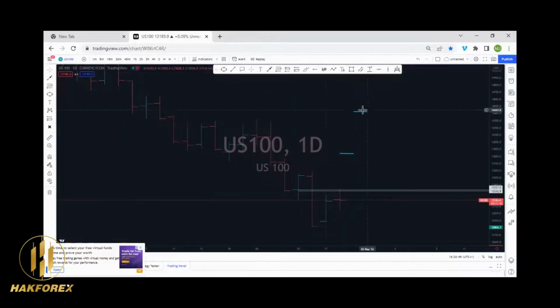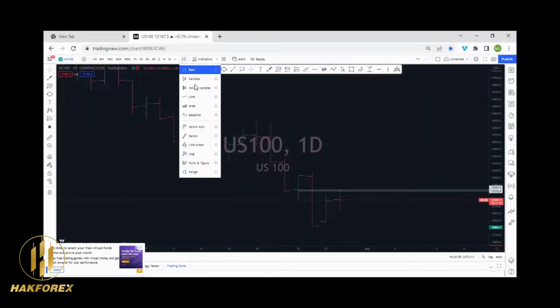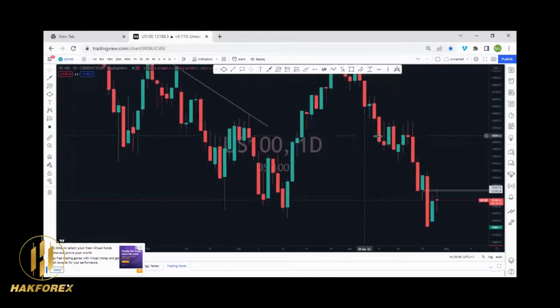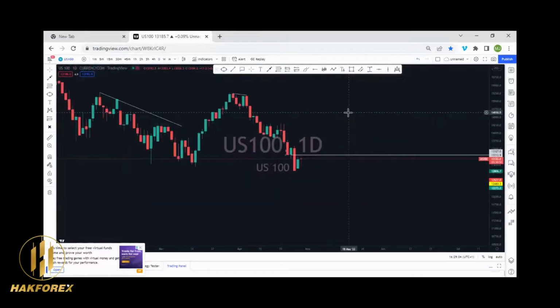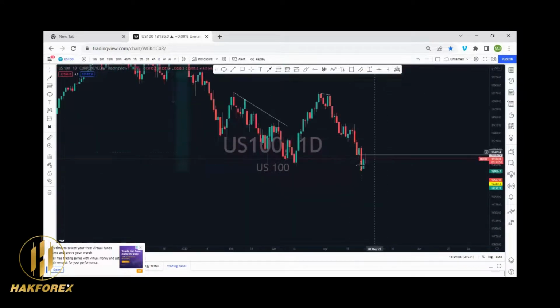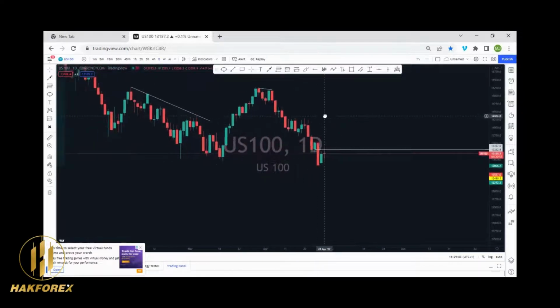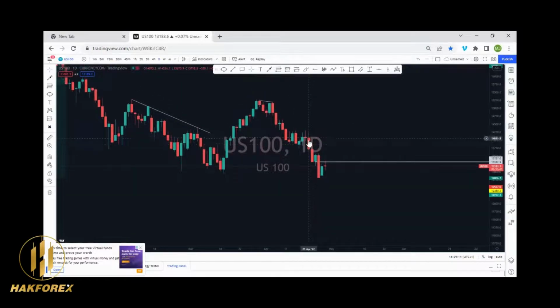The next chart that you can also use in analysis is known as the candlestick, and that is what we use, and that is what we recommend. It can also be called the Japanese candlestick. Each of these candlesticks represents one time frame. Here we are using the daily time frame, so each candle represents one day.